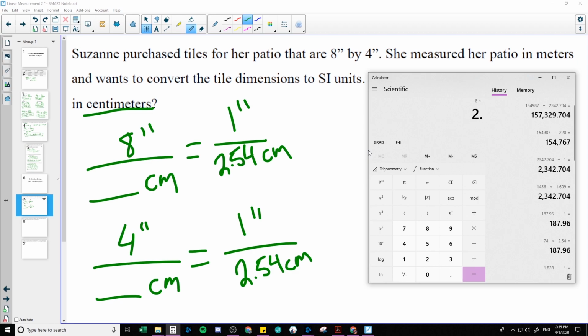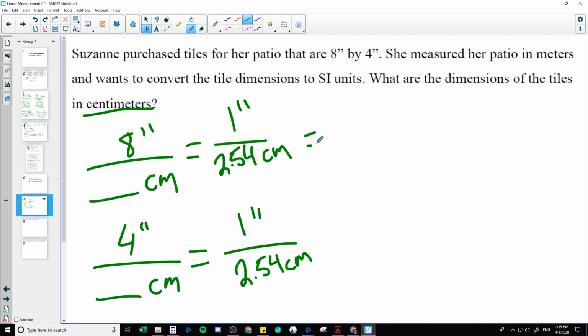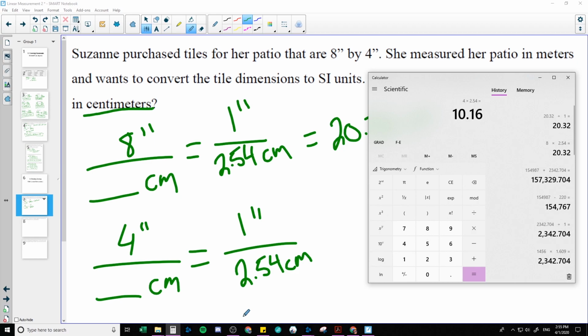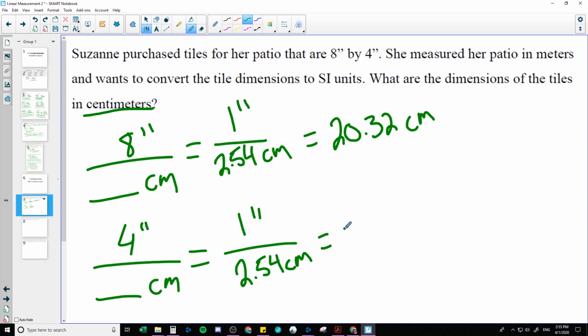8 times 2.54, divided by that 1, which of course is going to give us the same answer, 20.32. So this one here is 20.32 centimeters. Okay, second one. It's 4 inches, not 8, 4 inches times 2.54, divided by that 1, we get 10.16 centimeters.